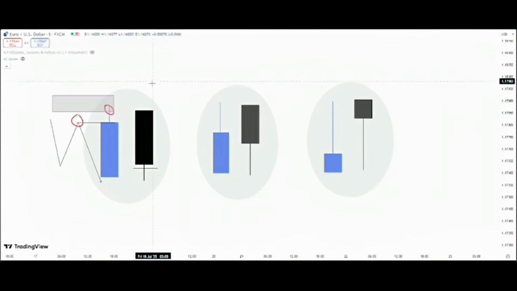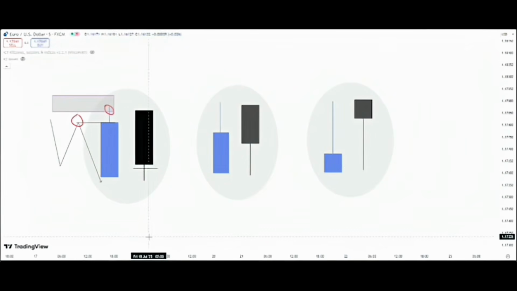You really need to wait for a confirmation before you can take your trade. Why? This bullish candle here is a strong candle. The buyers are in total control. It's likely that price will continue to push up and then take you out. All right? At this, your so-called higher time frame zone.